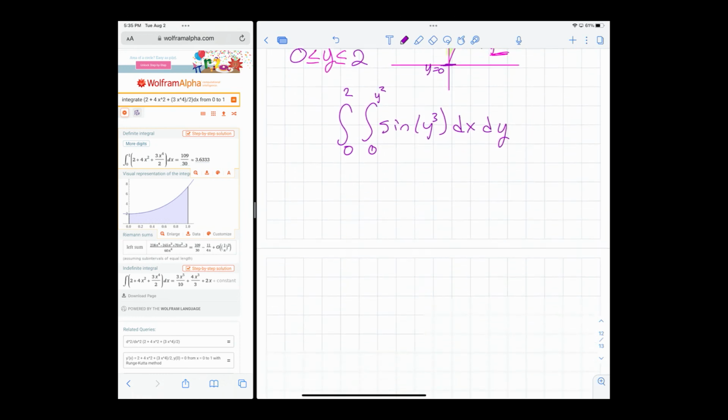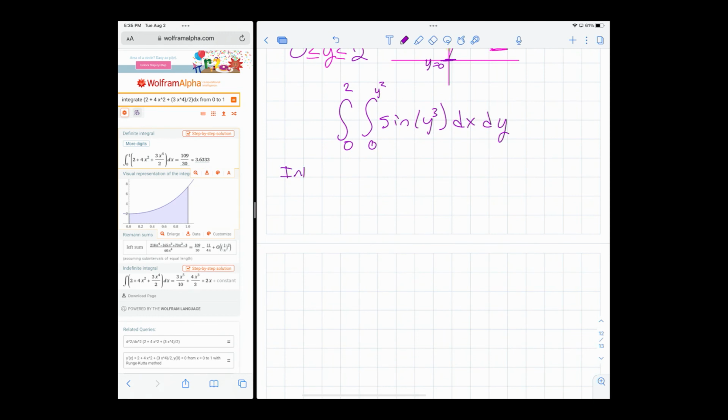All right, so that's how you come up with the new bounds, and now we need to integrate it. So how do we do that? Well, the idea is that it must be easier this way. We do the antiderivative here with respect to x, and notice that there are no x's, so this is a constant. The antiderivative of a constant dx is constant times x, so we end up with sine y cubed times x from 0 to y squared dy.